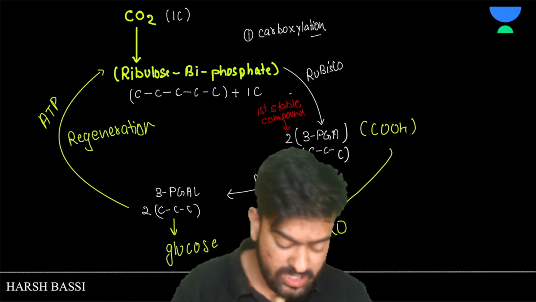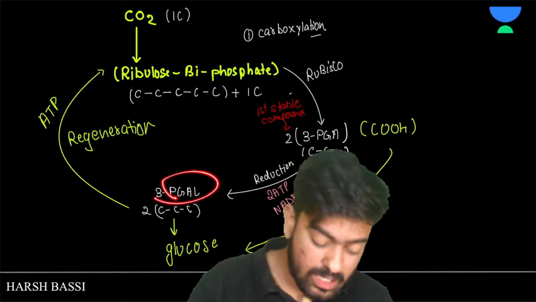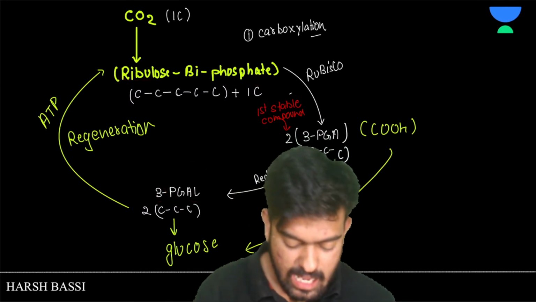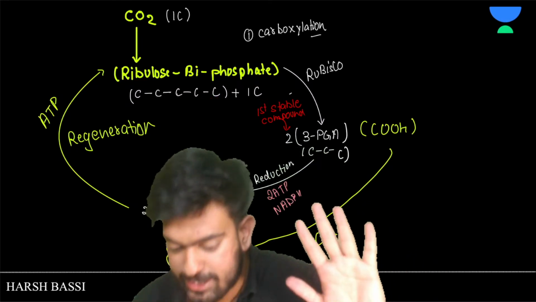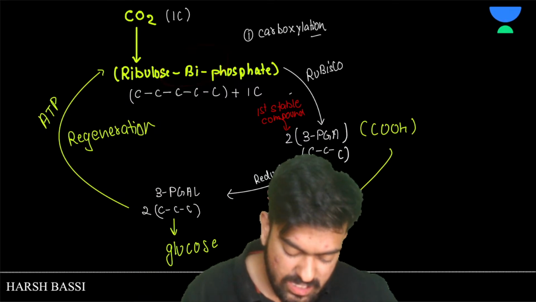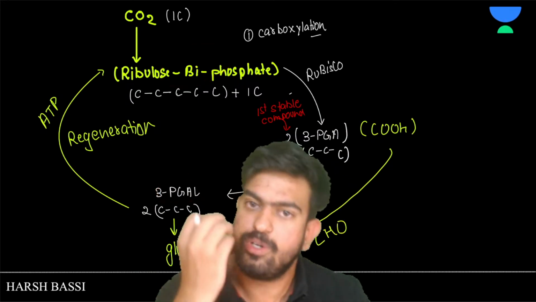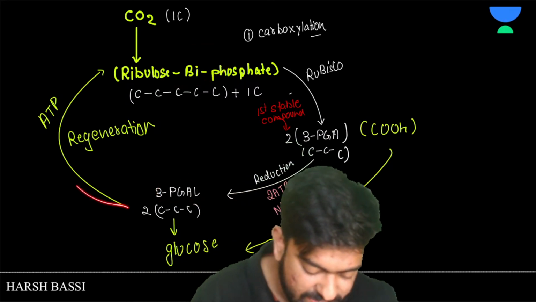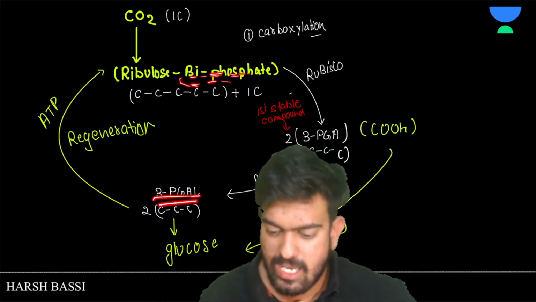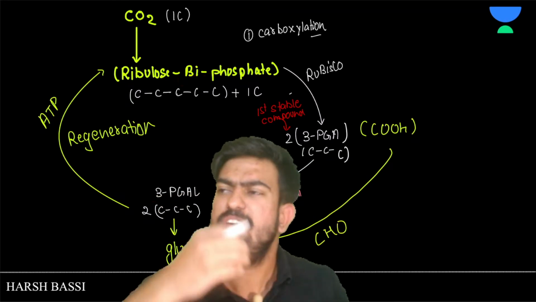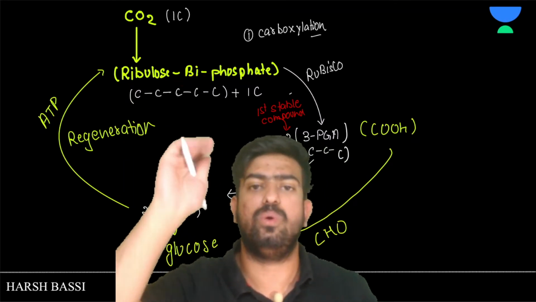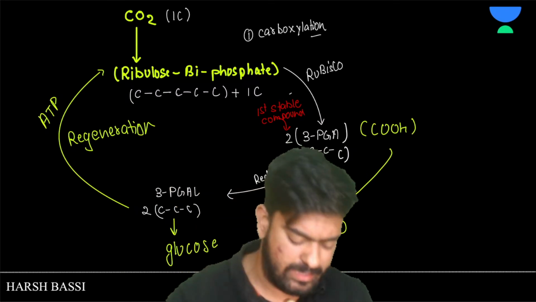But this 3 PGAL has to go back to RuBP as it is. See, RuBP gave 5 carbon. RuBP was 5 carbon. RuBP says to 3 PGAL: whatever you want to do, you make 100 glucose, you make 1000 glucose, but I need my 5 carbon back.